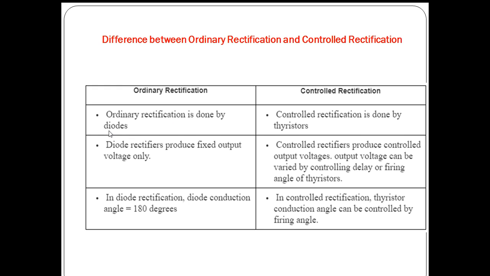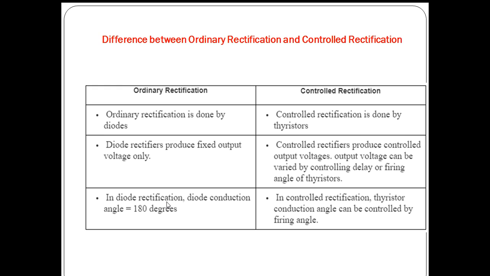In controlled rectification we use thyristors. Diode rectifiers produce fixed output voltages, and controlled converters produce controlled outputs. The output voltage can be varied by varying the firing angle of the thyristors.